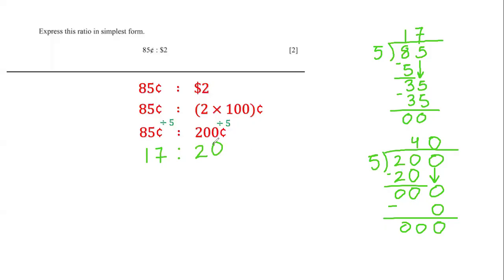Can we simplify this some more? No, we can't simplify this some more. Because one is odd and the other one is even. Cleveland, very close. One is prime and one is composite. So it's a good eye you have, Cleveland.